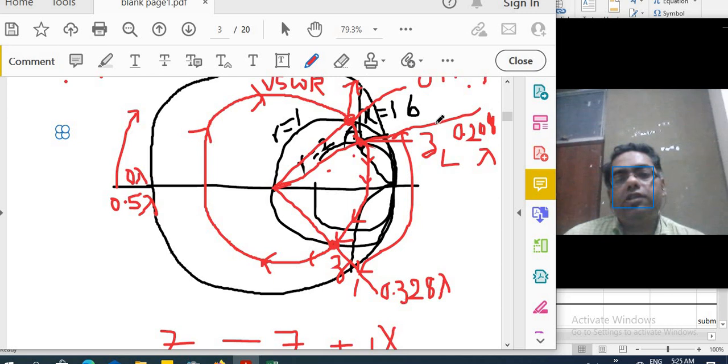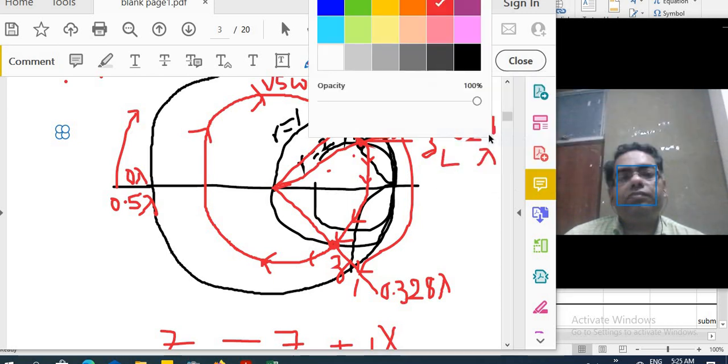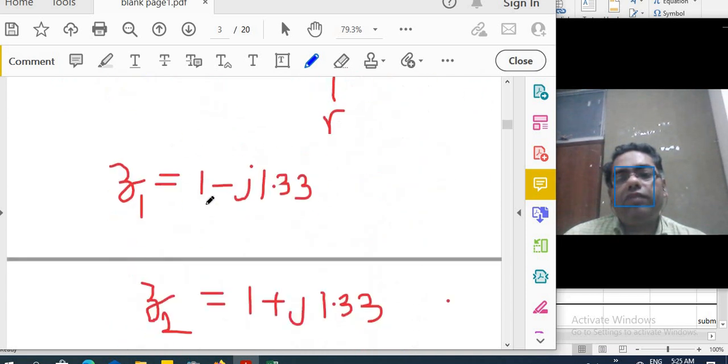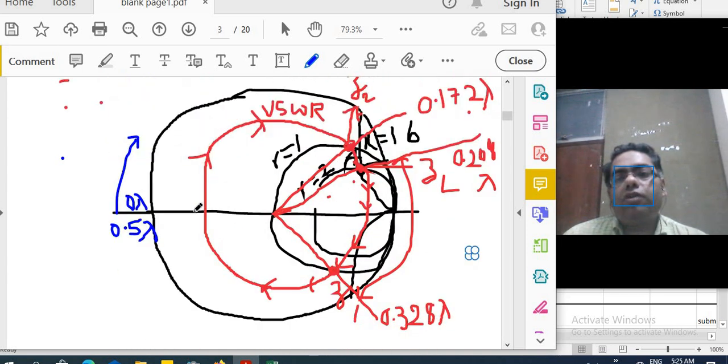You see the blue color line, this length here. From 0.5, which means traveling a full circle, if I subtract this 0.208, which is the load, I will get only this length.